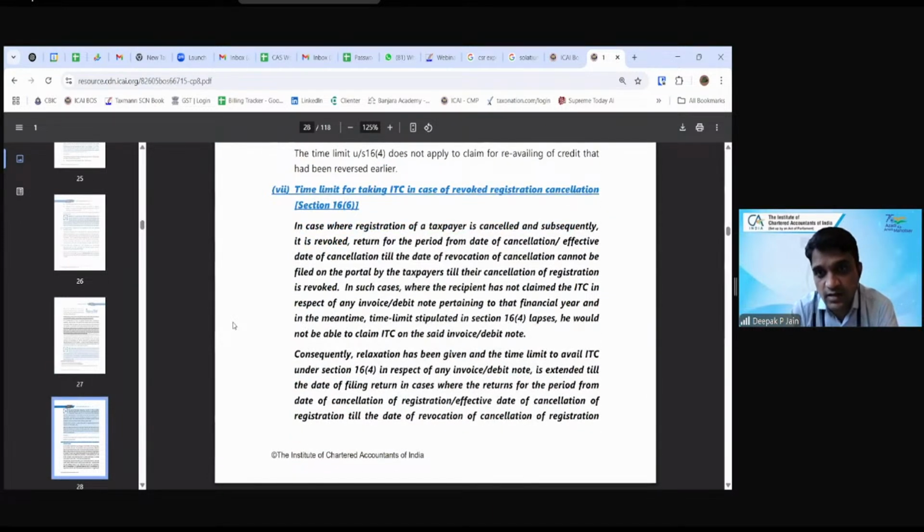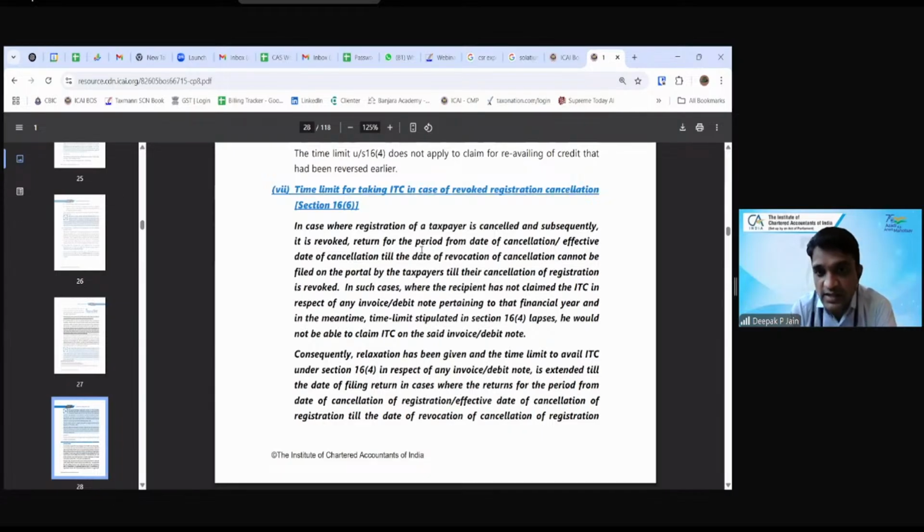Second, there is a new provision under section 16, which is section 16(6), wherein in case the registration of a taxpayer is cancelled and subsequently it is revoked, then the return for the period from the effective date of cancellation till the date of revocation cannot be filed on the portal.